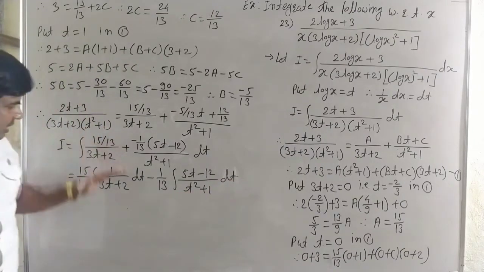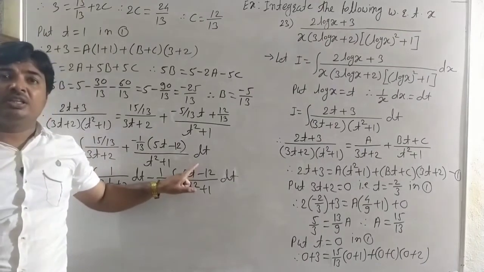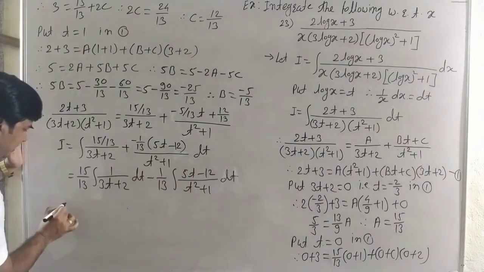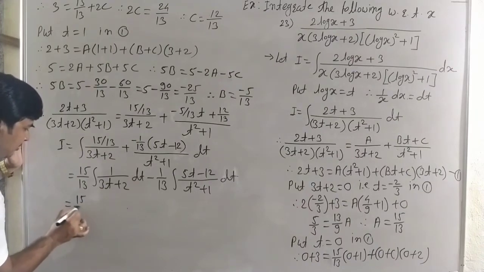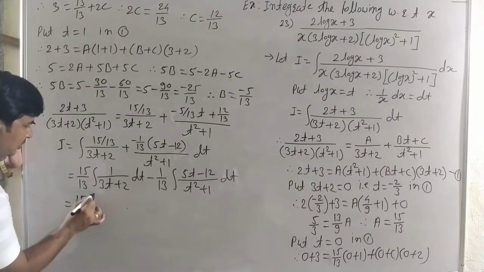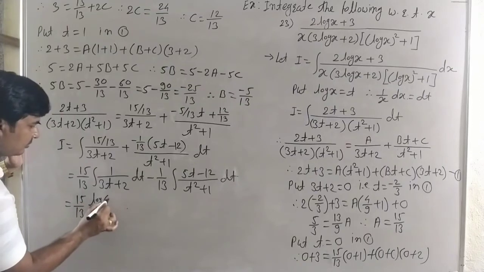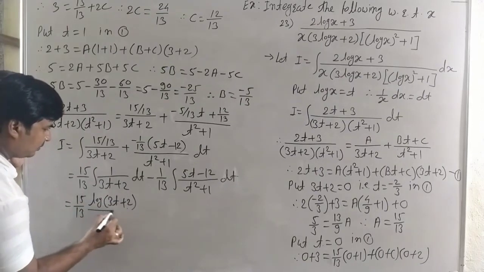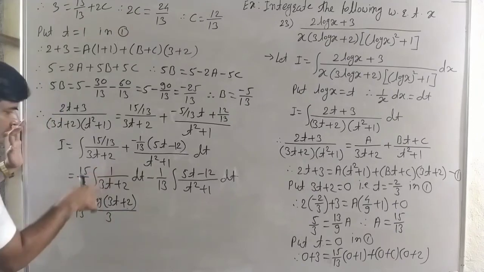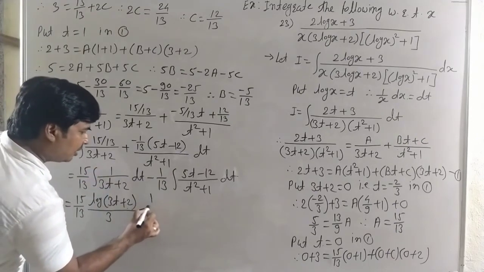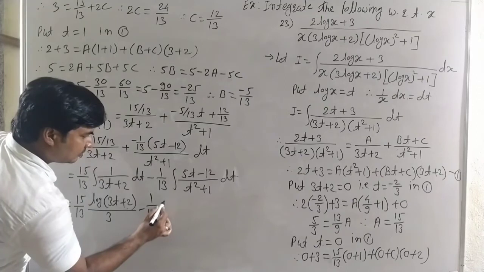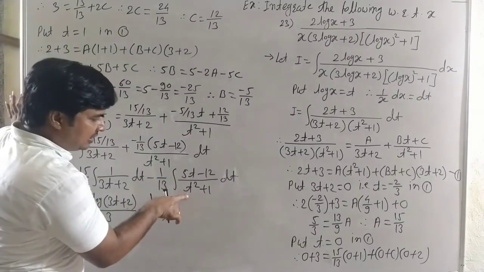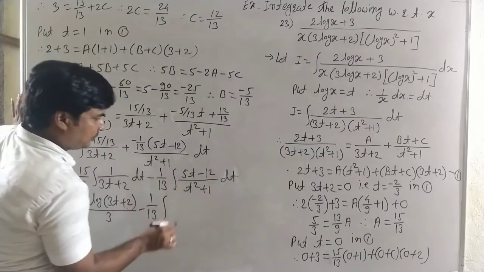And now again it is in the standard form, but here it is a linear function upon quadratic function. Then integrating, it is 15 by 13 log of 3t plus 2 upon 3, minus 1 by 13 into integral of linear function upon quadratic function. So we adjust the derivative of the quadratic function in the numerator.